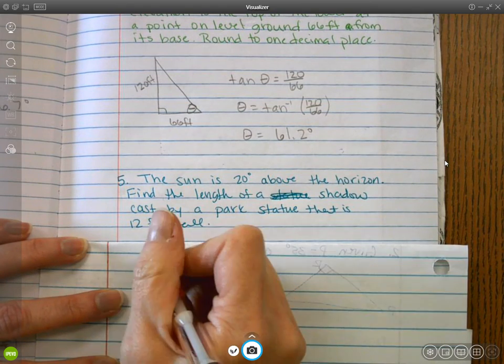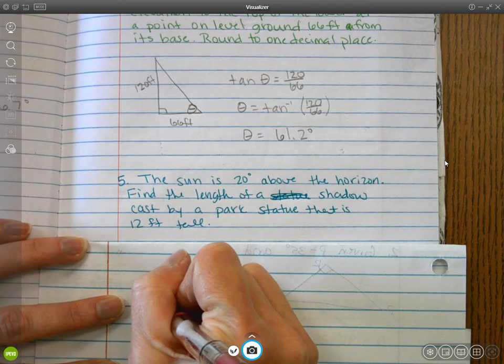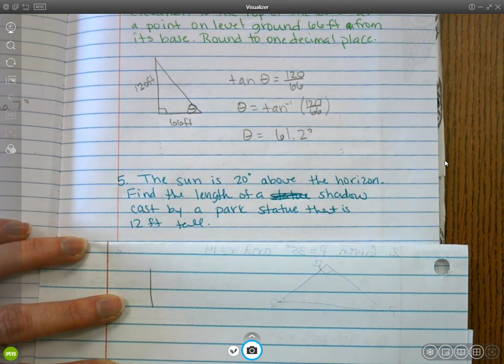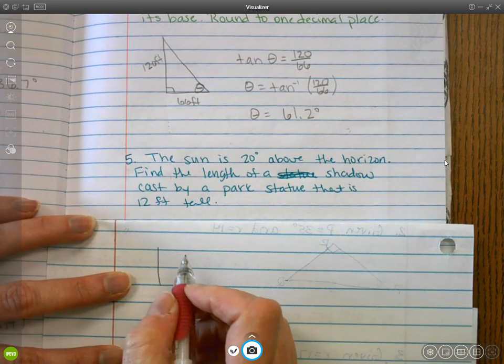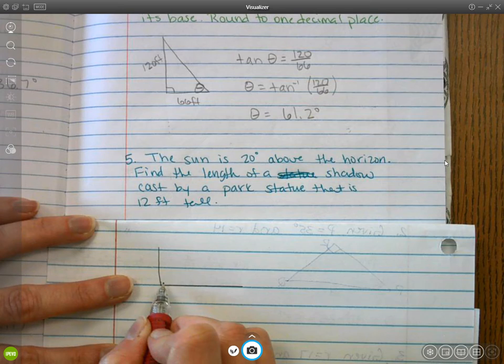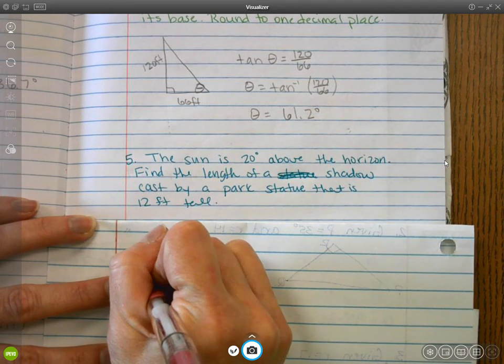All right, so the sun is up here shining down. The statue has to be in the sun's rays, like between you and the sun, for you to see a shadow. We assume that statues stand vertical, so to make a right angle with the ground. Okay, we know that the statue is 12 feet tall.